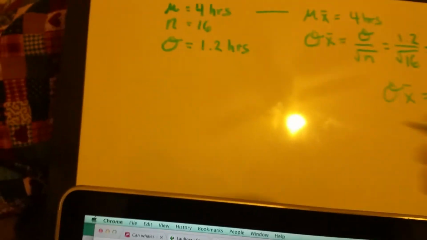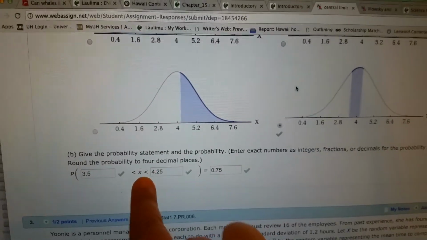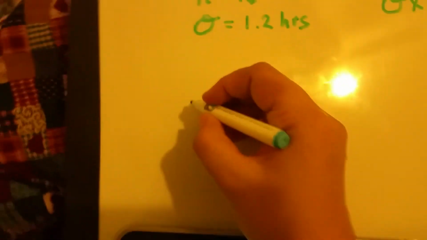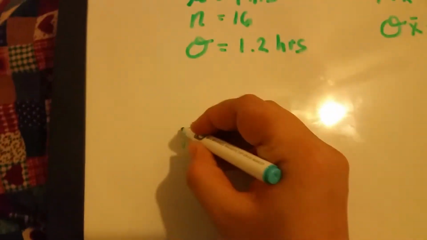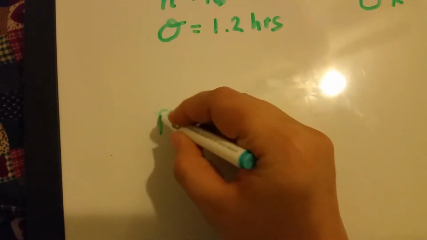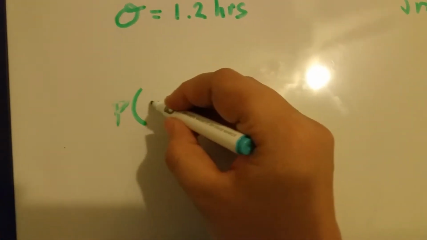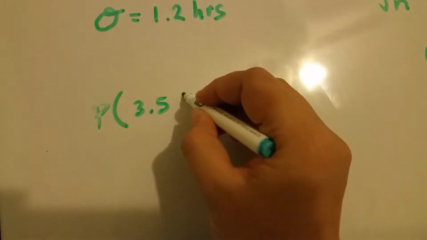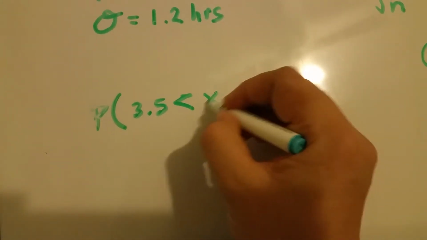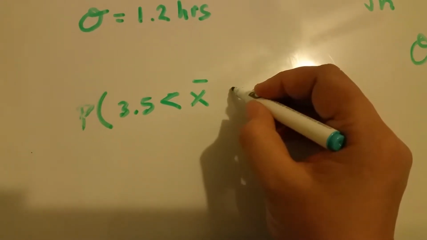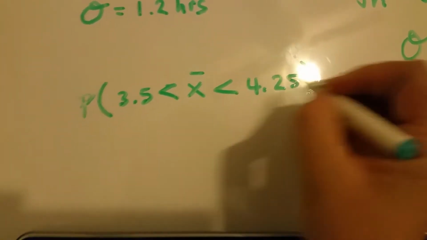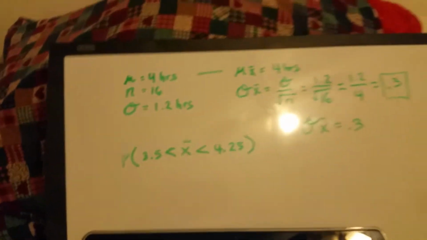Okay, so when you see that x bar, that sample, right in the middle, the formula goes like that. Probability, sorry, 3.5, we've got x bar to 4.25.